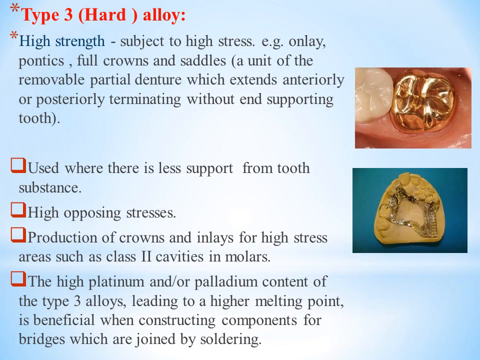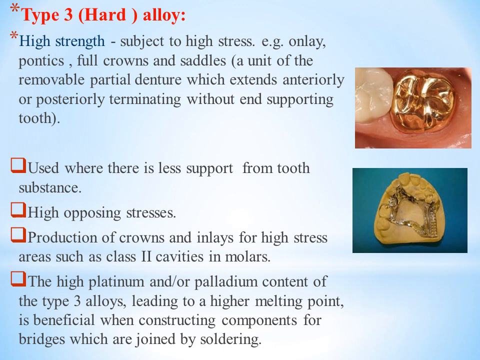Type 3 are the hard alloys, and they are used basically in areas where there is high stress, for example, onlays, full crowns, and saddles. So, we will be studying about saddles in prosthodontics. These are all parts of the partial denture. Used where there is less support from the tooth structure and there are high opposing masticatory stresses.